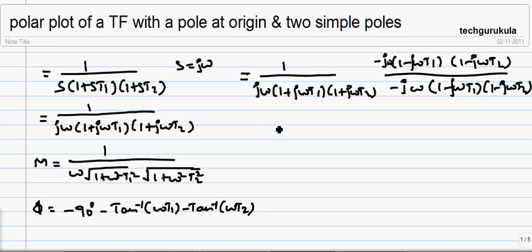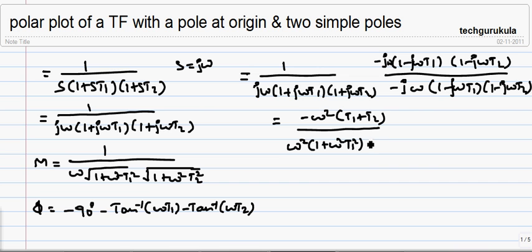And if you do the derivation, the final result looks like this: minus omega squared times (T1 plus T2) divided by omega squared times (1 plus omega squared T1 squared) times (1 plus omega squared T2 squared).